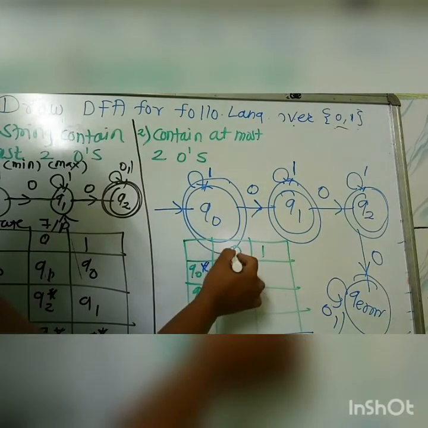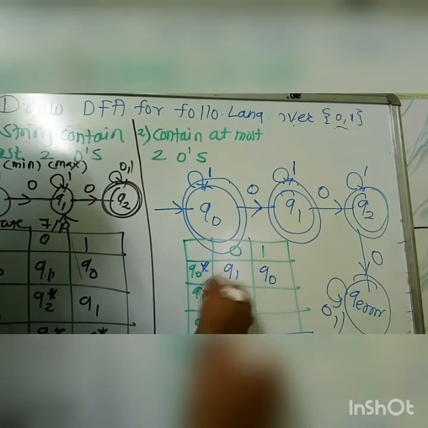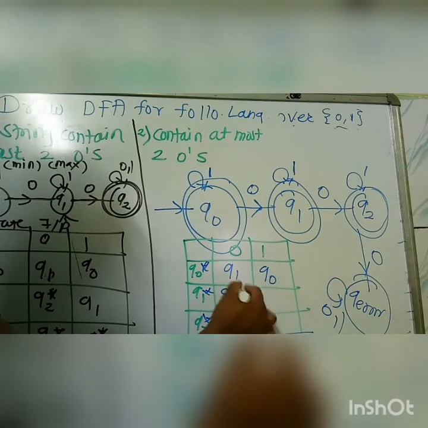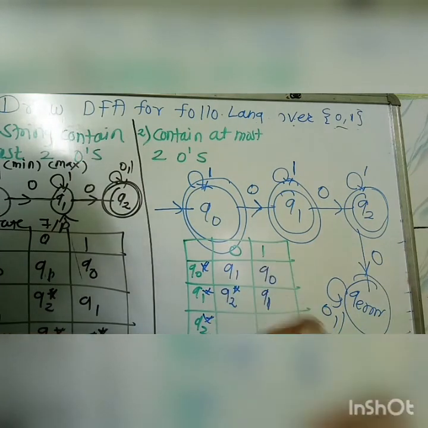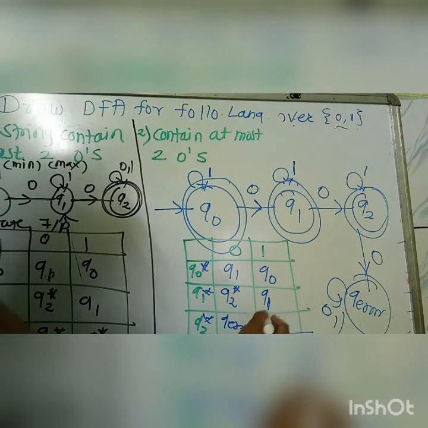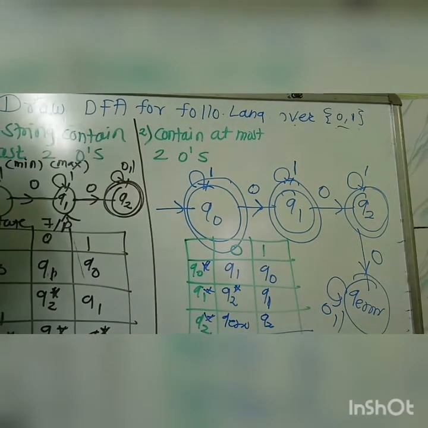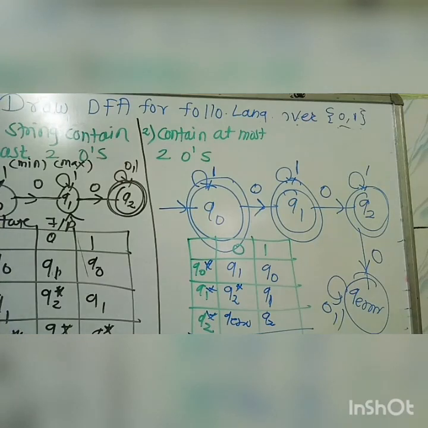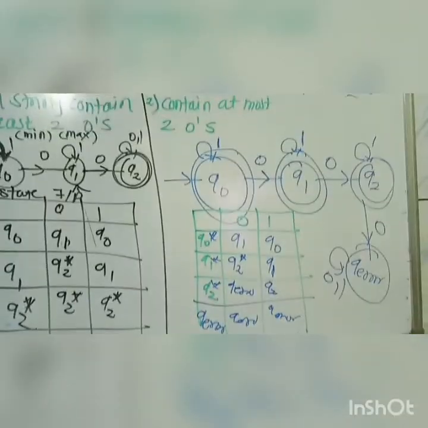Q0 on 0 becomes Q1, on 1 stays Q0. The table would be the same, but with one state added, the Q error state. For Q2, 0 becomes Q error and 1 becomes Q2. Q error stays at Q error. This is all about the DFA for strings containing at most two zeros.